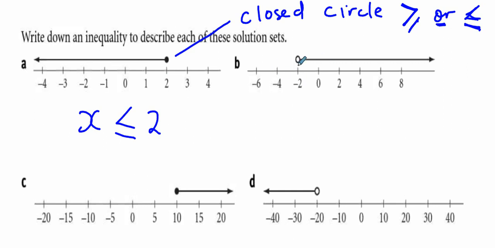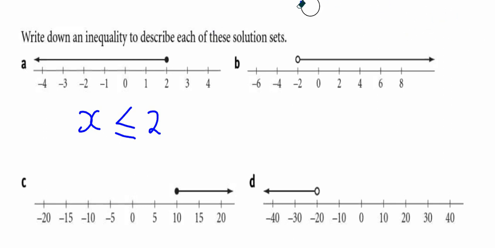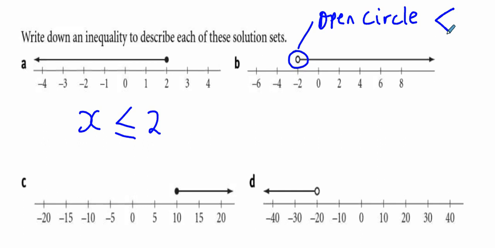Part B, you can see something we call an open circle. Can you see that? Open circle. Now, open circle suggests either this inequality or that inequality.